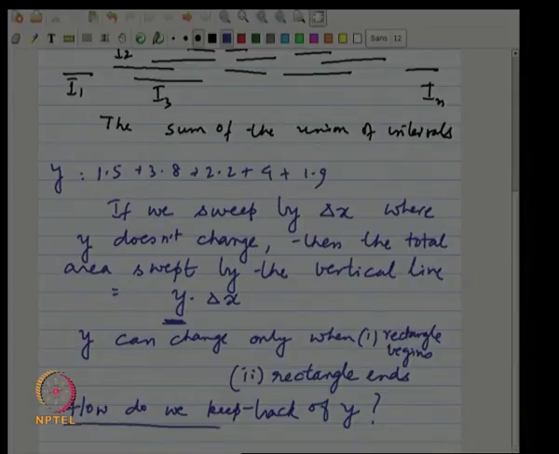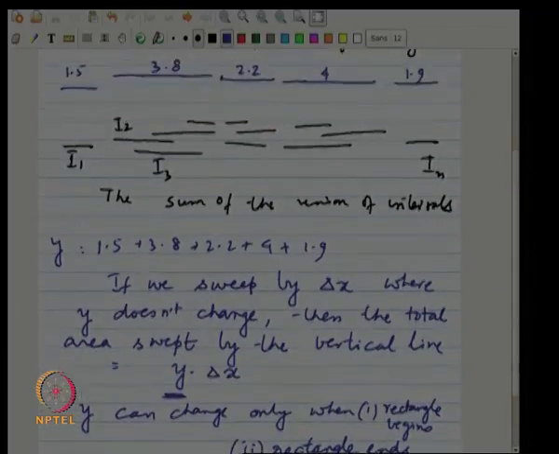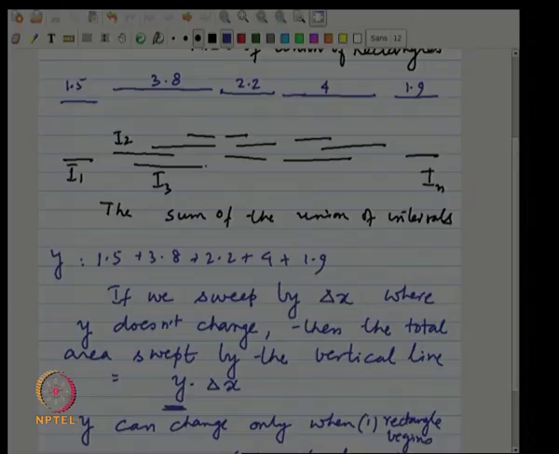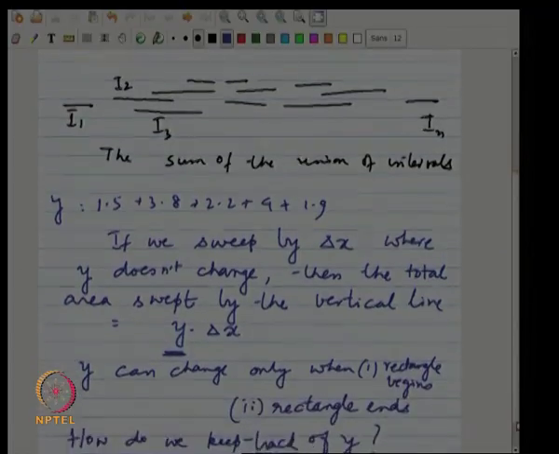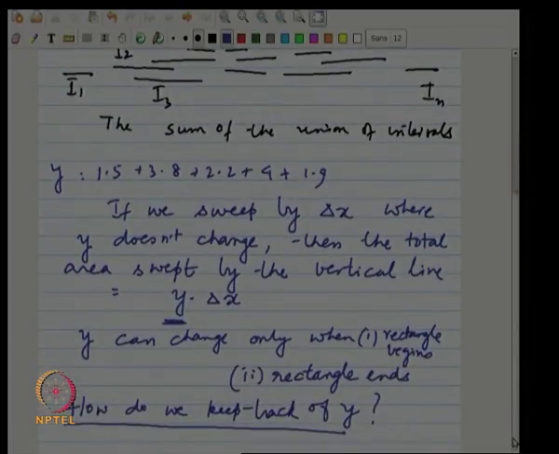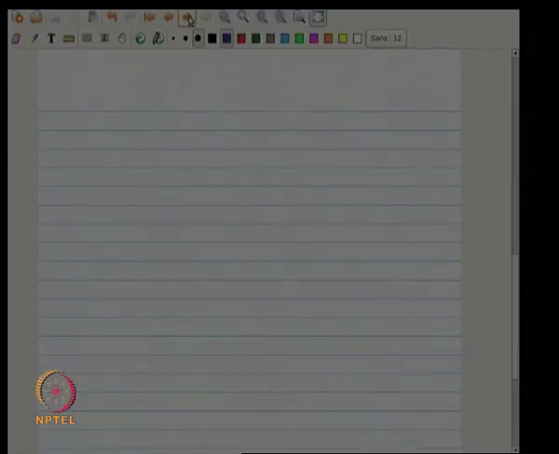Okay. This is essentially what it comes down to now, which is what, as I just pointed out before, it's a set of intervals, okay, and what is the sum of the union of these intervals. Okay. So, how do we keep track of this?